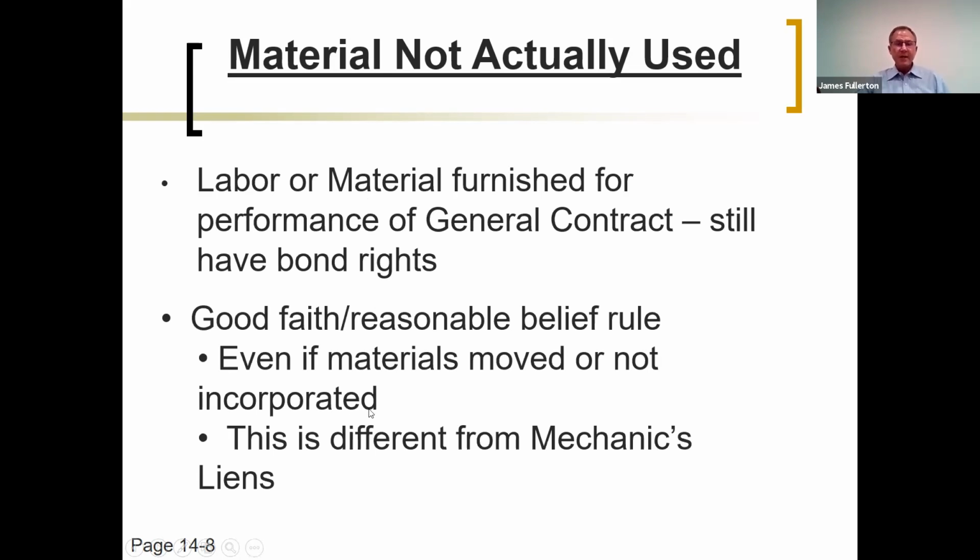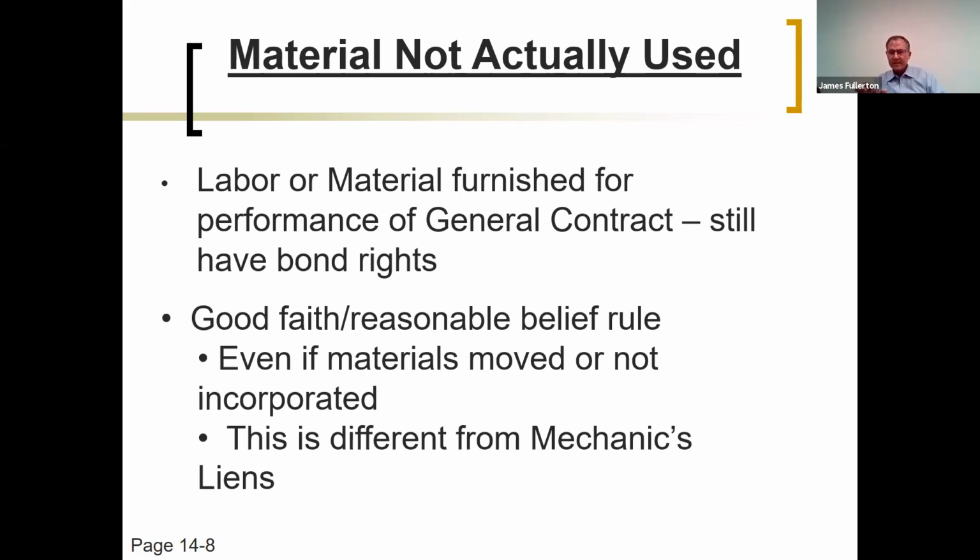This brings us to the good faith, reasonable belief rule. If you have a good faith, reasonable belief that you are supplying materials for performance of the general contract, you still have bond rights, even if the contract debtor moved those materials to another site.